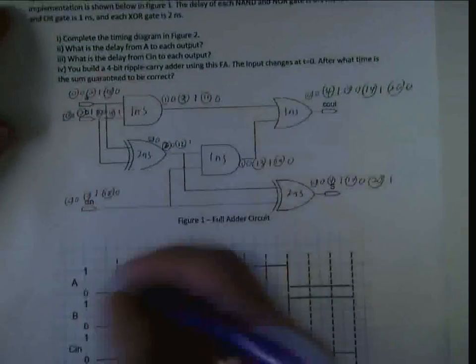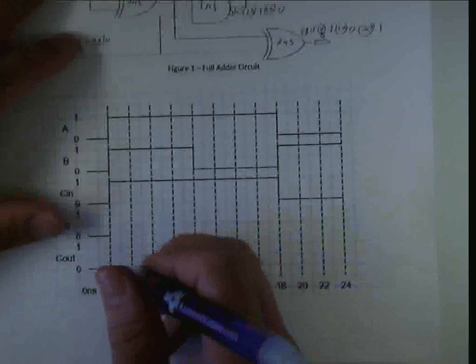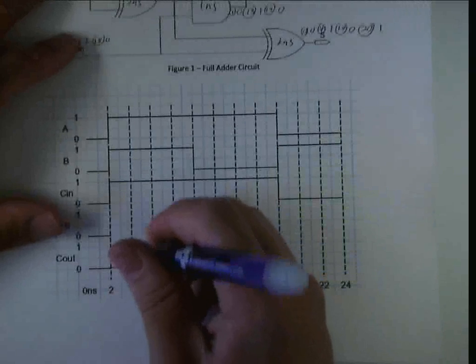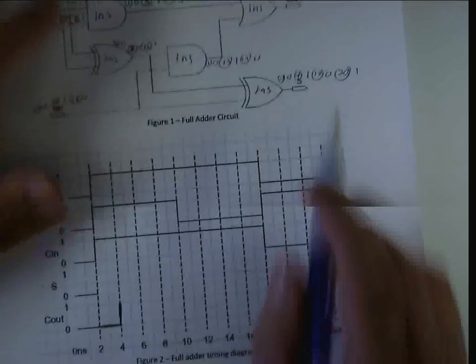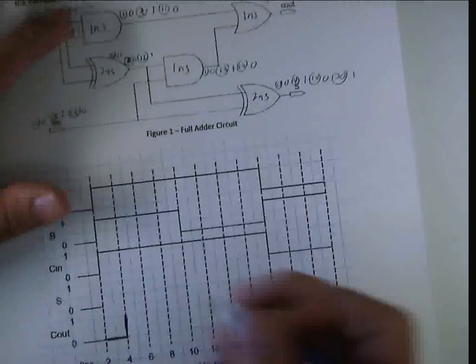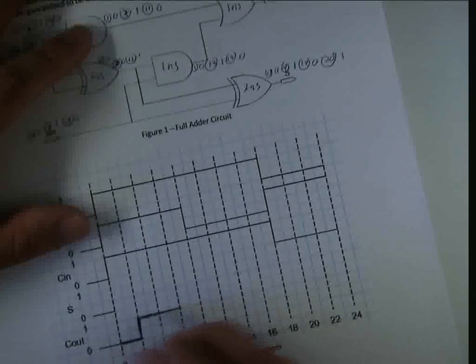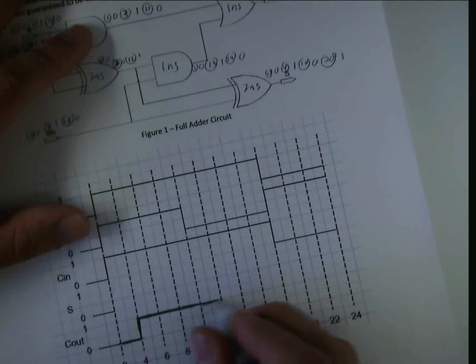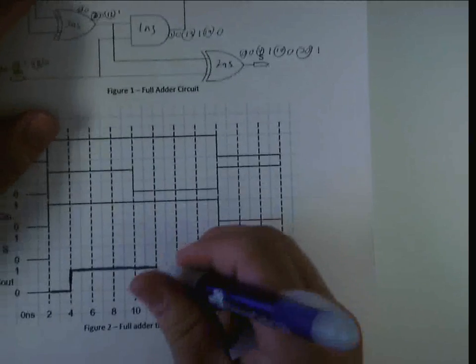So now I just need to translate this down to here. So I've got my C out is 0 at 0 and becomes 1 at 4. I'm going to scribble these in dark enough so hopefully you can see them well. And then it's going to stay 1 until time 12. And it's going to drop down to 0 at time 12.